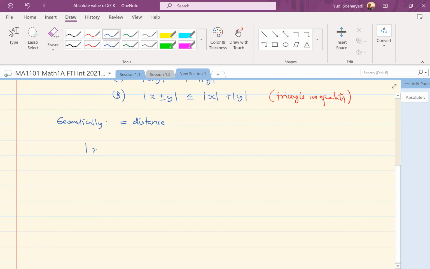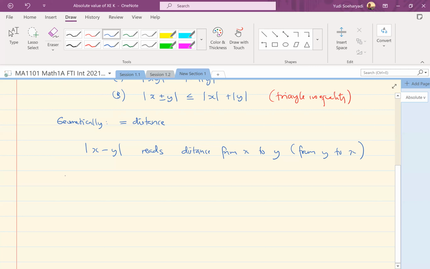So if you write the absolute value of a difference, |x - y|, you can read this as the distance from x to y, or from y to x. That's the same thing.